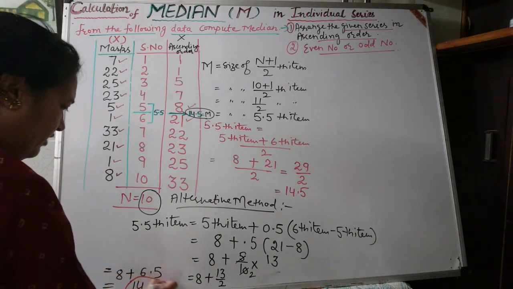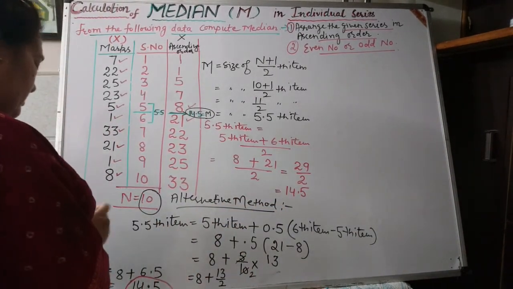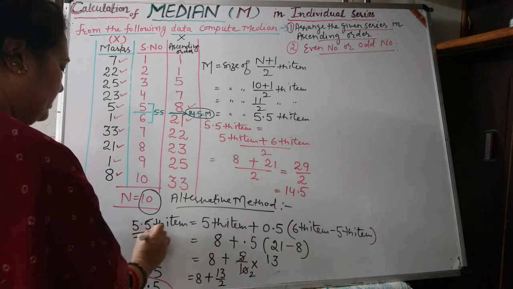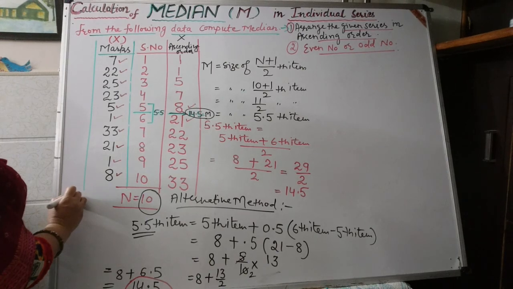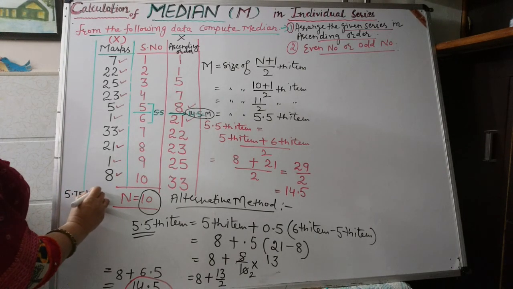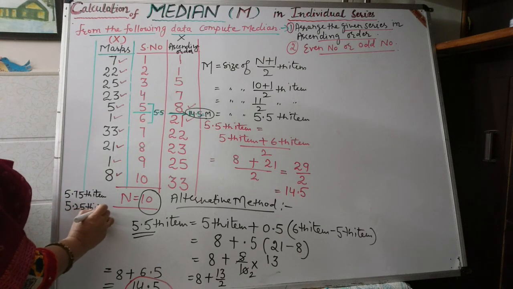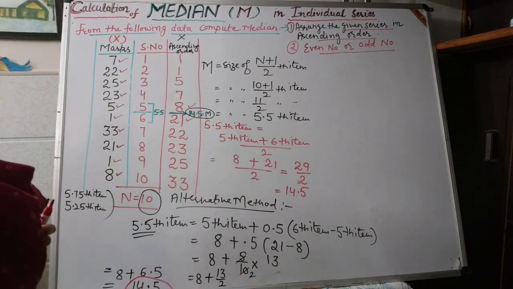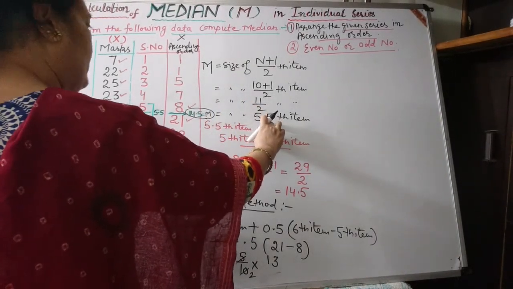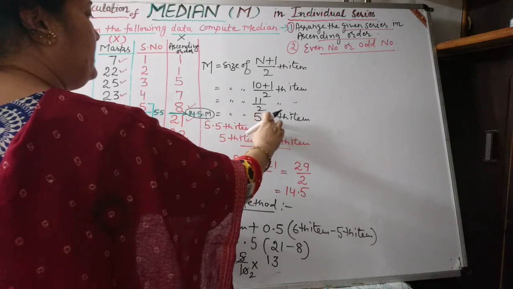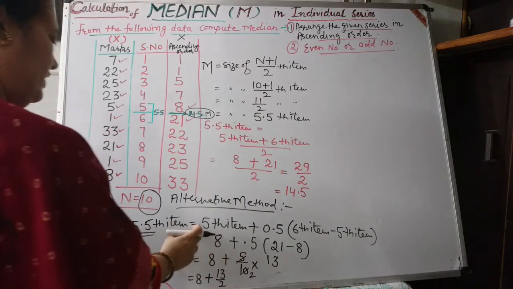So this is the alternative. Actually this method is used whenever the values are not simple halves. Suppose it is 5.5, we can divide by 2 easily. But if we have to calculate the 5.7th item, or suppose the 5.2th item, or if the values are given like 5.1/4, 5.3/4, then we can use this method.